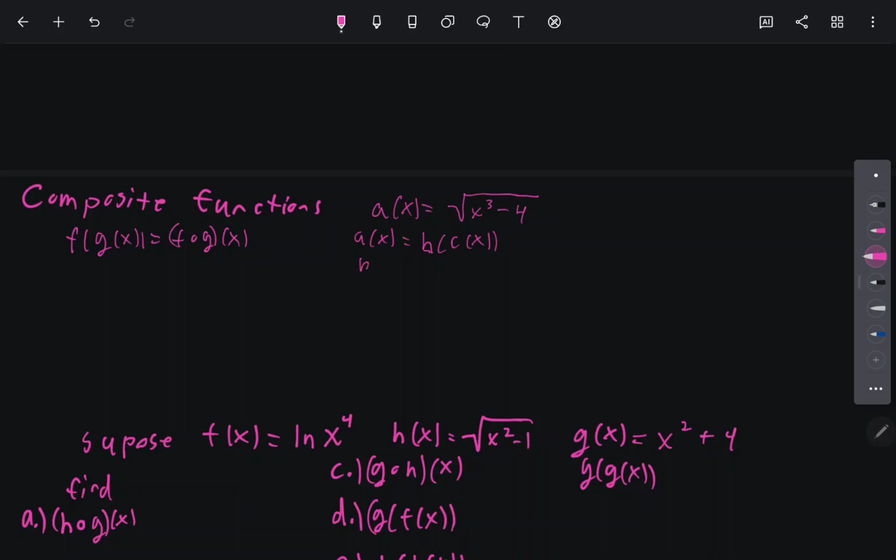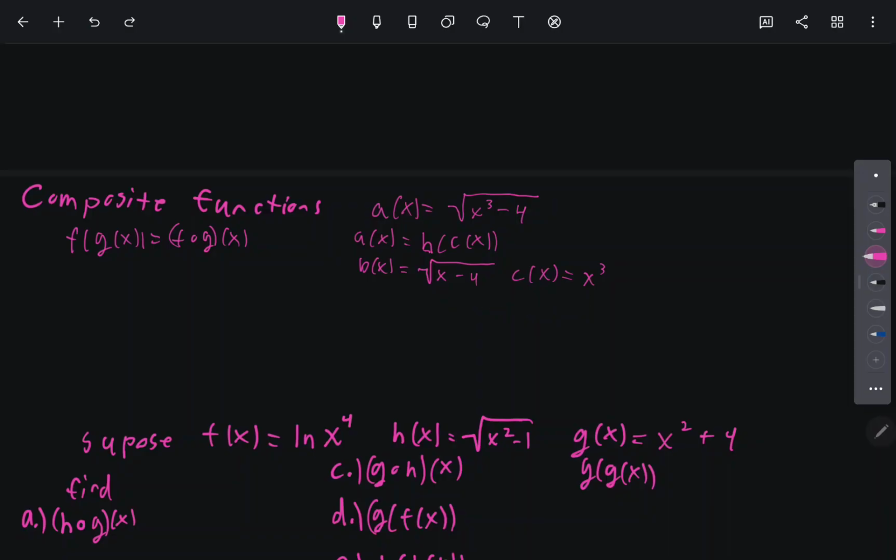So our b of x, in one case, could be equal to just the square root of x minus 4, and our c of x could be x cubed, as this is going to go into the input x, and that would make it our original function a.